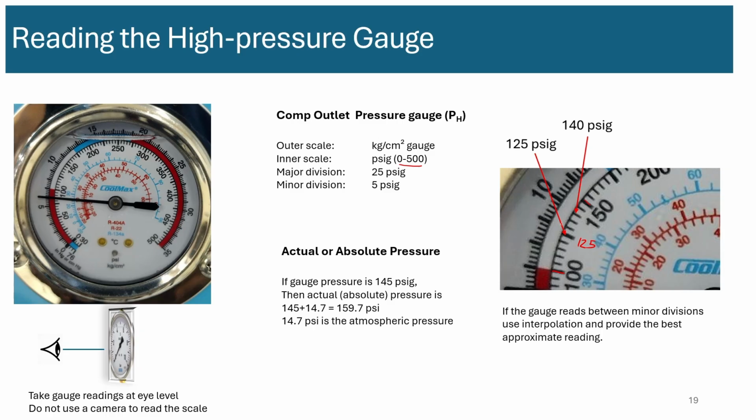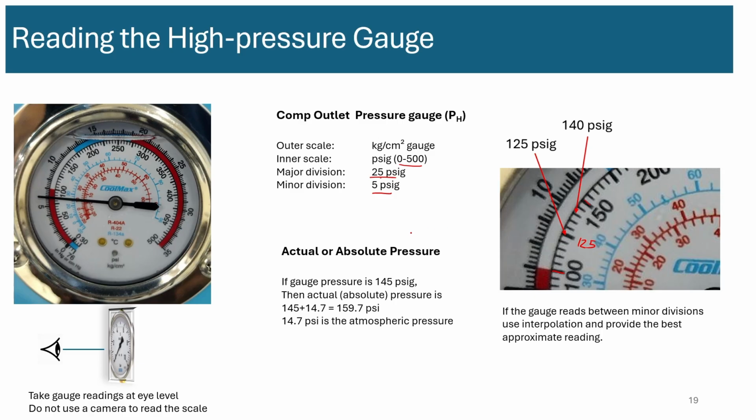So the major division is 25, and it has 5 divisions inside, so each of those 5 divisions is 5 psig.